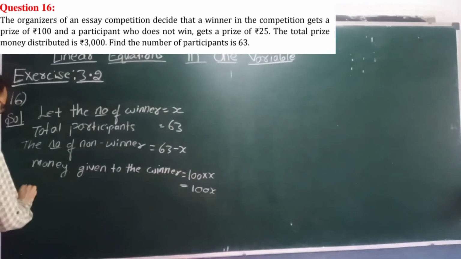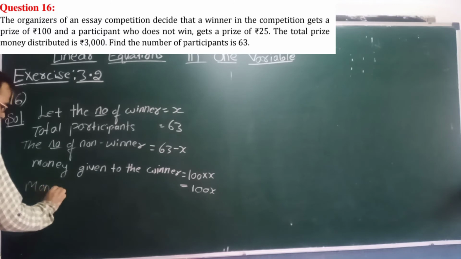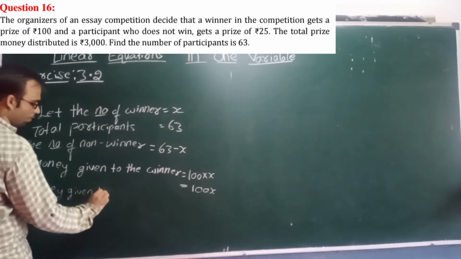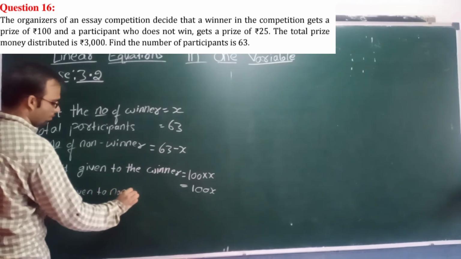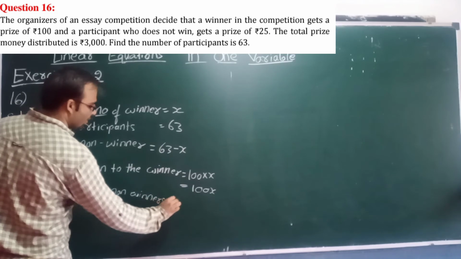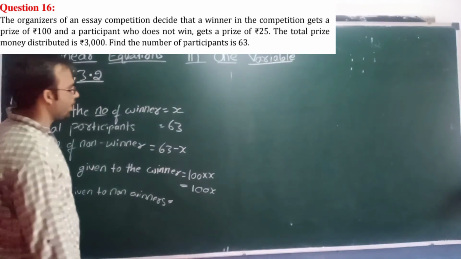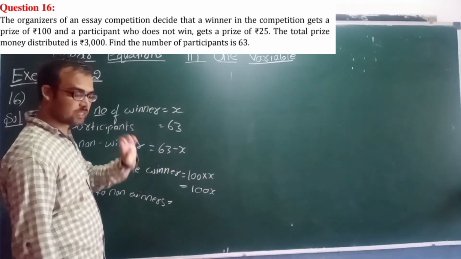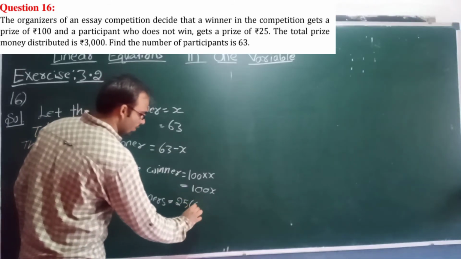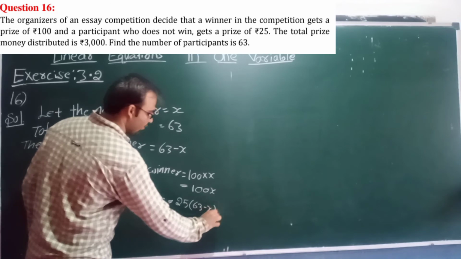Now, money given to non-winners. How much will they give for non-winners? 25 rupees. And how many non-winners are there? 63 minus x. So it will be 25 into 63 minus x.